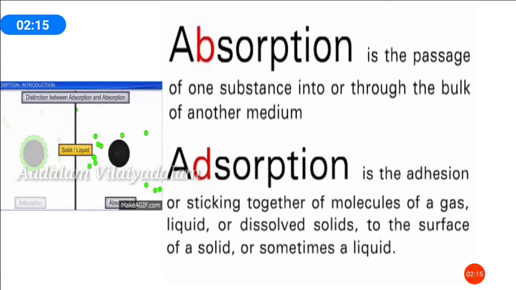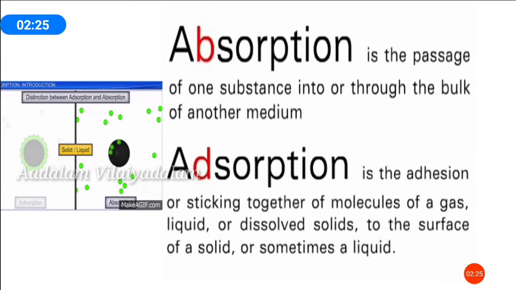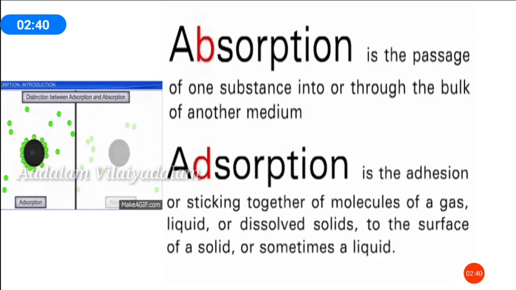Then adsorption. Adsorption is the adhesion or sticking together of molecules of a gas, liquid or dissolved solids to the surface of a solid or sometimes a liquid. So absorption means the molecules go into the matter. Then adsorption, the molecules stick on the surface of the matter.